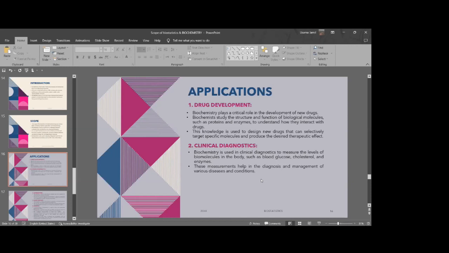If a person has sickle cell anemia, we do HB electrophoresis. HB electrophoresis is also a technique in biochemistry. So if we do HB electrophoresis, we can detect sickle cell anemia. So this is a very important diagnostic tool, and biochemistry is actively used in diagnostic procedures.